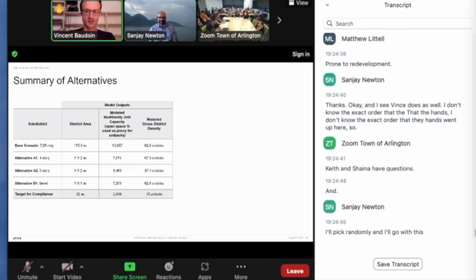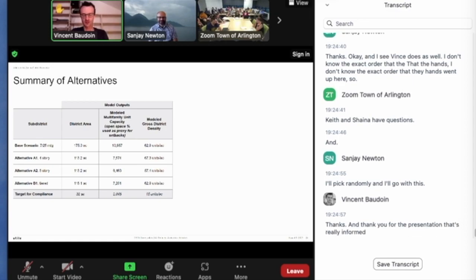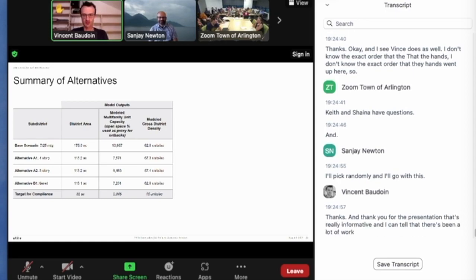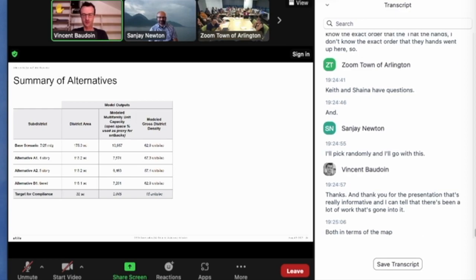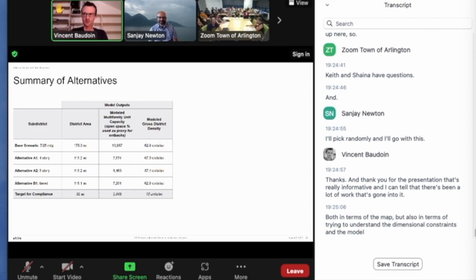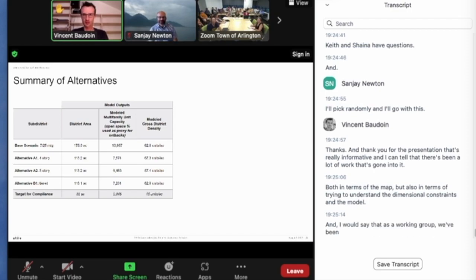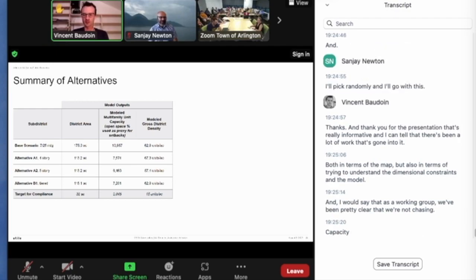Thanks, and thank you for the presentation. That's really informative, and I can tell that there's been a lot of work that's gone into it, both in terms of the map and in trying to understand the dimensional constraints and the model. As a working group, we've been pretty clear that we're not chasing capacity any more than in school we chase gold stars or straight A's.